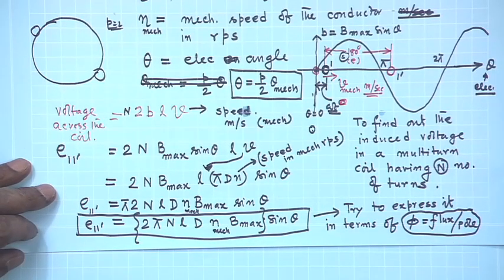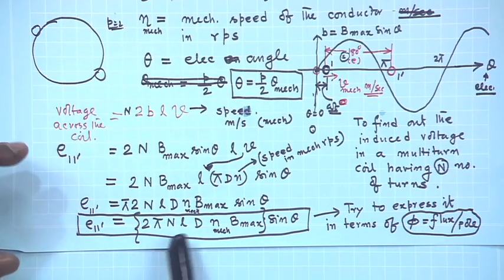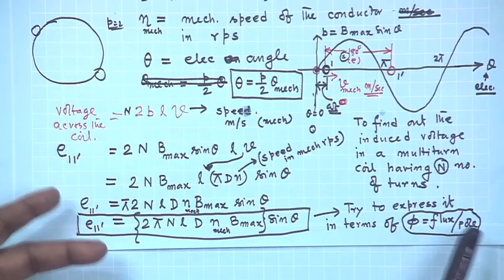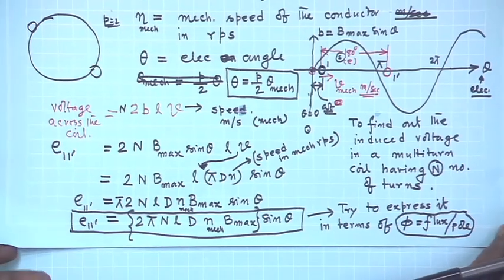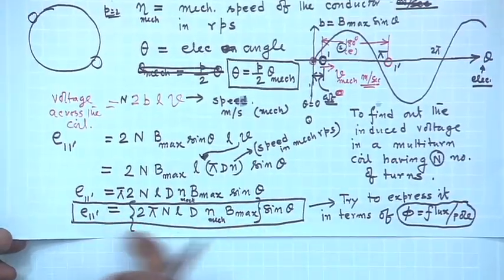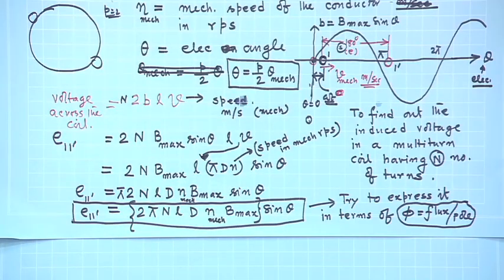Which will get rid of the terms B max, L, d etcetera, as we will see now, and the expression also will be similar to that of a transformer. That is a very interesting thing. So, let us see how to do it.